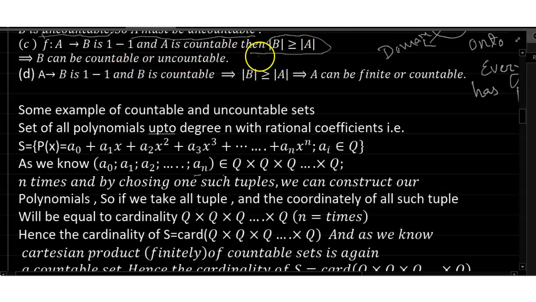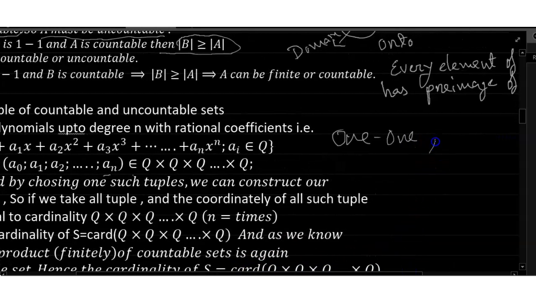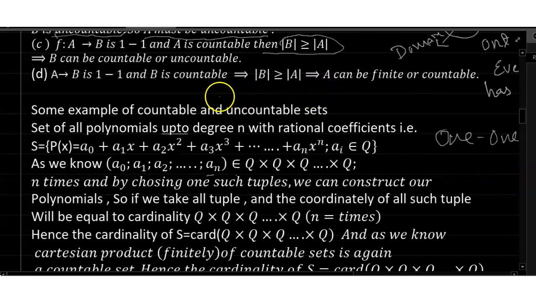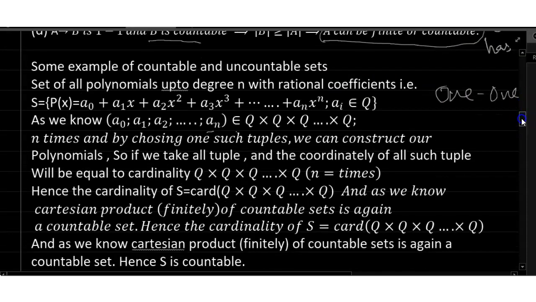In case of one-one, friends, must remember, if f: A → B, it is possible that cardinality of B is always greater than or equal to cardinality of A. So if B is countable, so obviously A is countable, because bigger is countable, so obviously smaller is countable. It may be finite or maybe aleph naught.